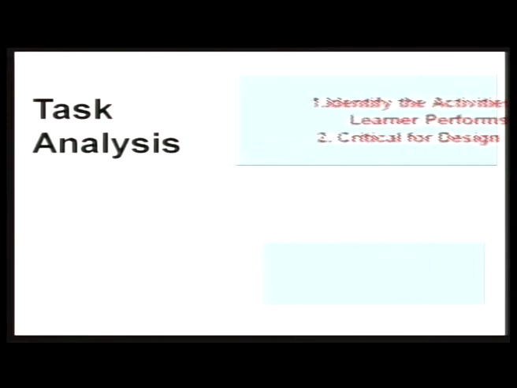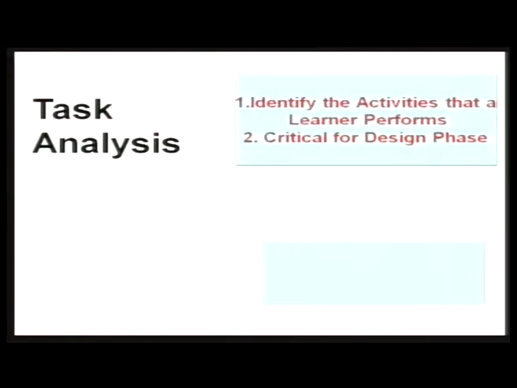Task analysis means if there is a certain task, what are the further activities under that task. So let us see what we have to find out under the task analysis. Here you have to identify the activities the learners need. Based on the learners' performance, you have to identify the activities.